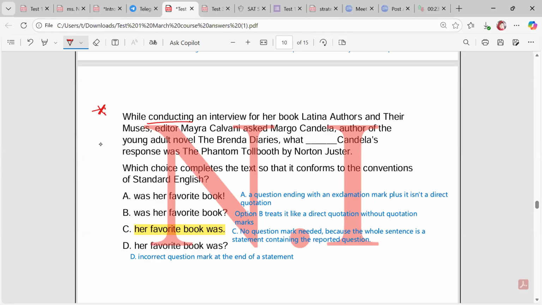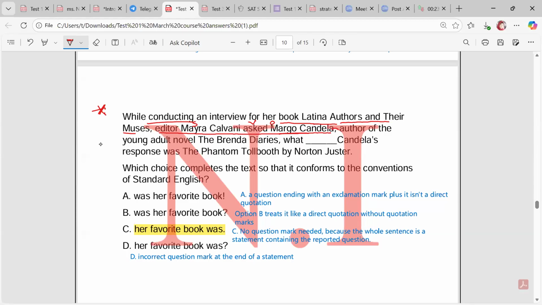While concluding an interview for her book, Latina Authors and Their Muses, editor Maria Calvani asked Margot Candela, her editor. That's the subject. While reading, try to assign the subject. This is very important. Editor Maria asked, this is the verb, Margot, that's the object. Asked her what?